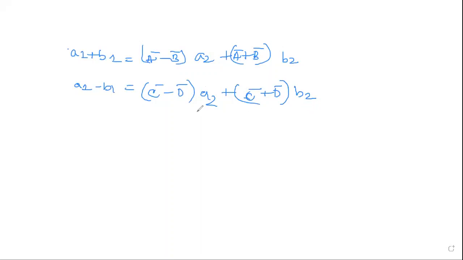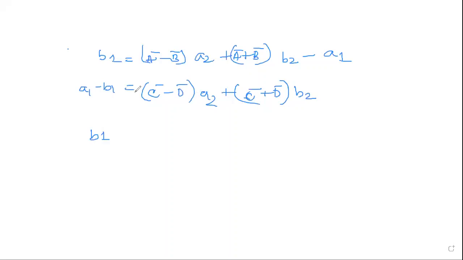So what you have to do here is write this equation in terms of B1. If you write in terms of B1, A1 will be shifted to the other side, so this will be minus A1 here. If you are writing for B2, you have A1 minus B1, so your B1 will come to this side.